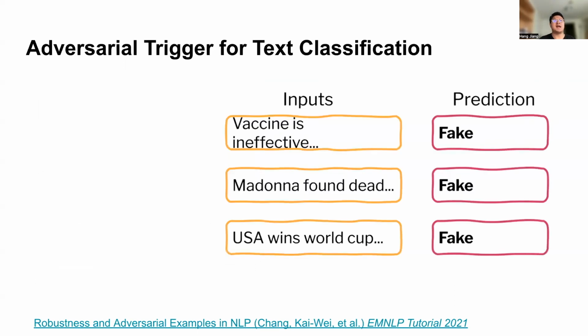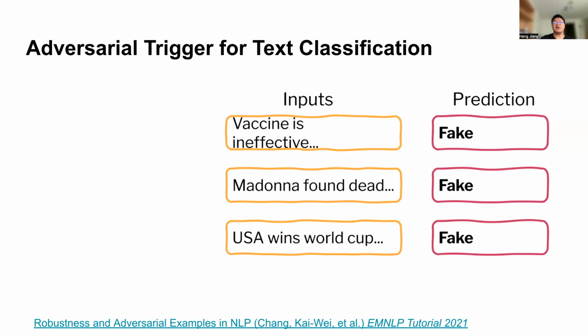A very popular technique to help us identify the robustness issue is called adversarial trigger. What it does is we attach some trigger to the existing input and see whether that will influence the prediction. In this example, we have a fake news detector, and we feed this input to the detector, that our vaccine is ineffective, and the model will predict whether this is fake news or not.